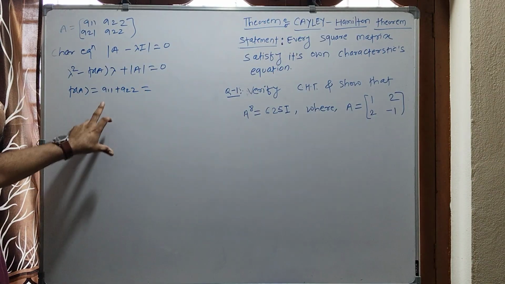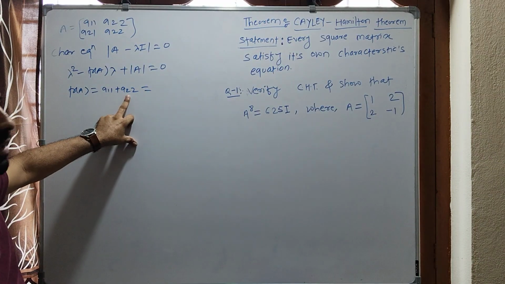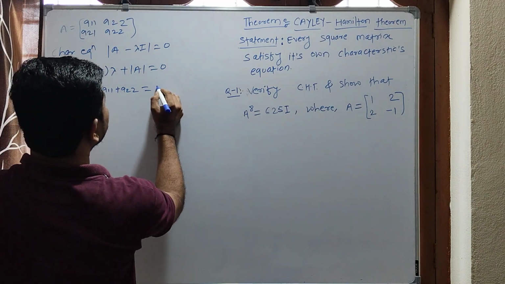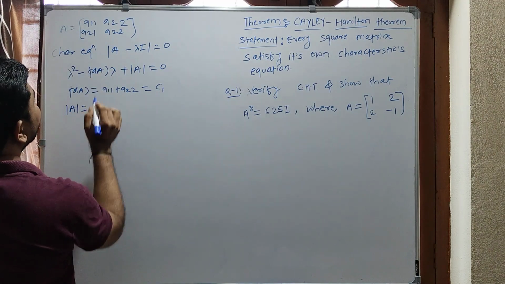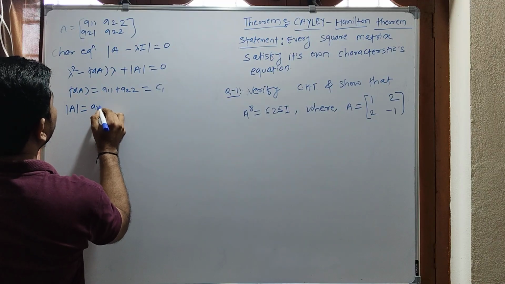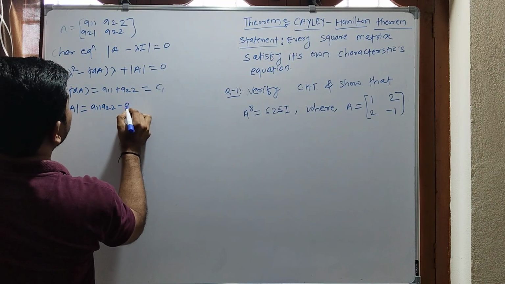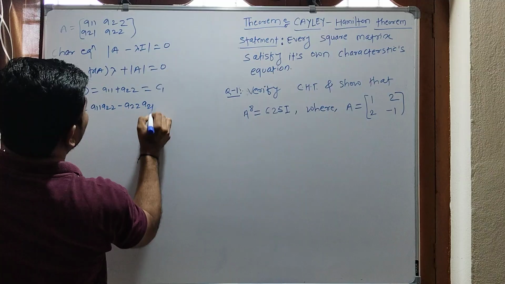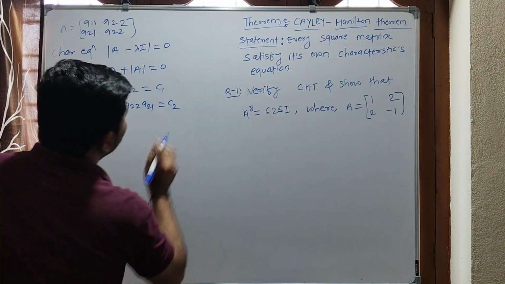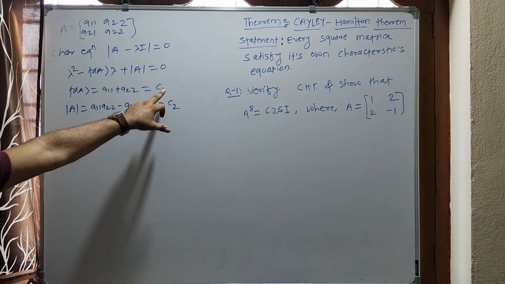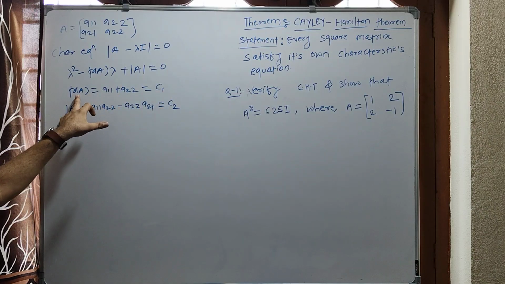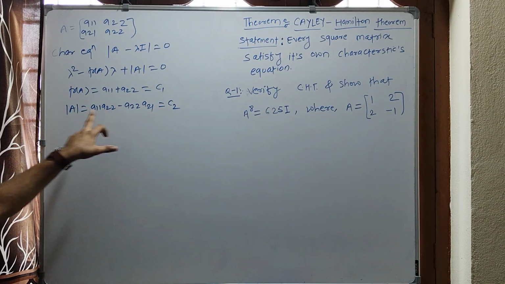So here A11 and A22 are scalars. Let's say I am giving this trace as C1, and the determinant of this matrix is A11 into A22 minus A12 into A21. Let's say this is some scalar C2. So C1 is a constant scalar, that is the trace, and C2 is the scalar, that is the determinant.